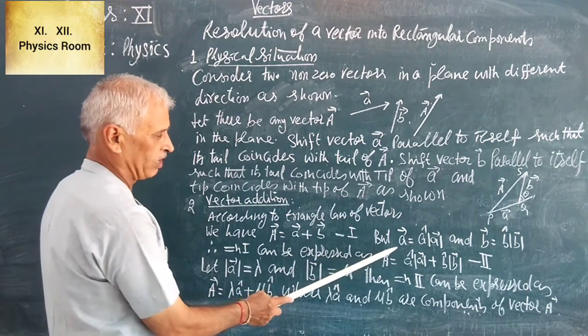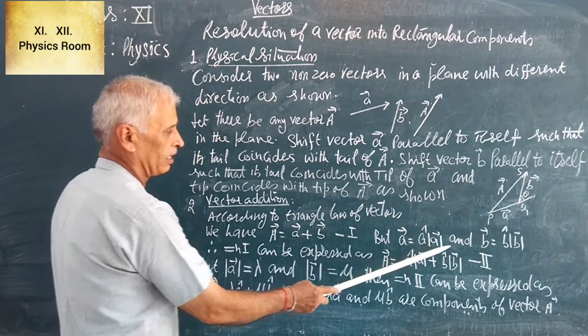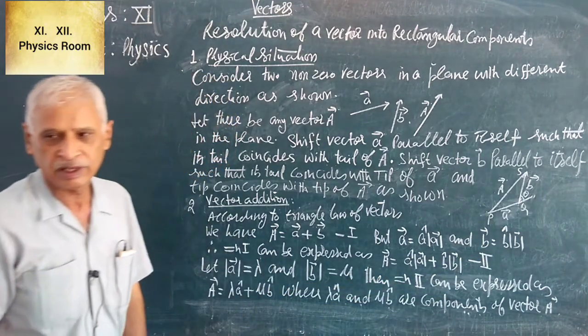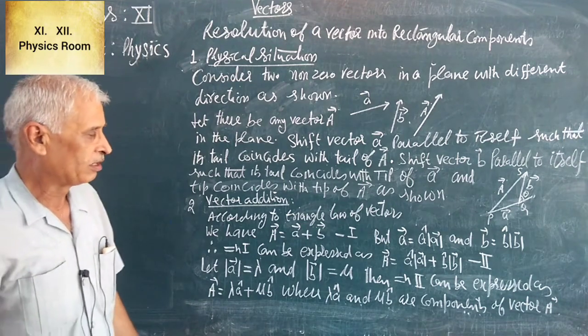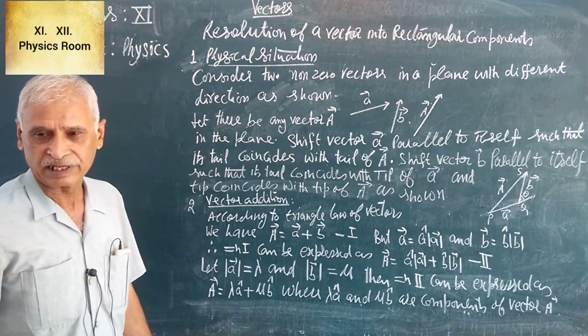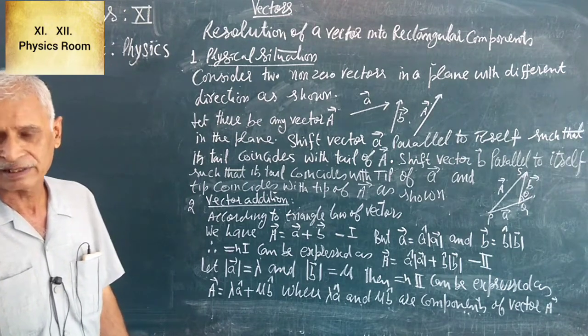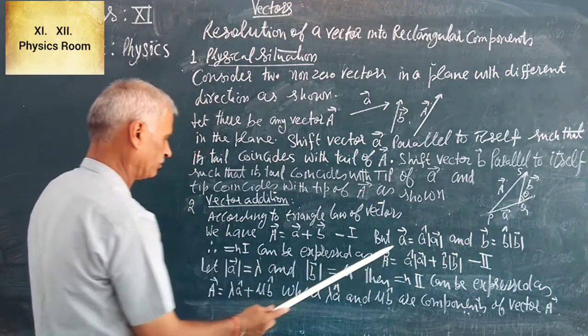But vector A is A cap into mod A and vector B is equal to B cap into mod B. We have learned previously, if the magnitude of a vector is multiplied by a unit vector, it becomes a vector. So, that formula we have used here.